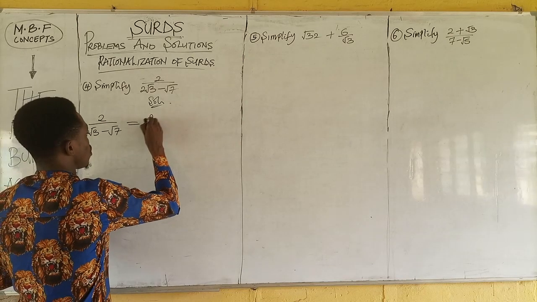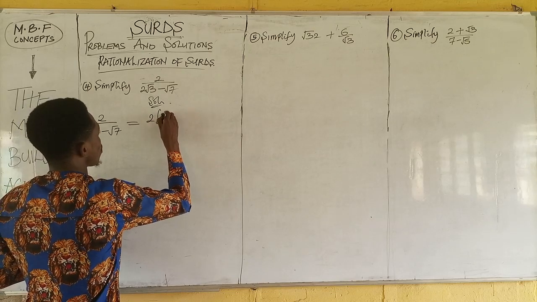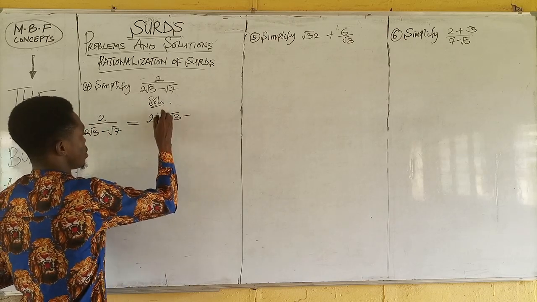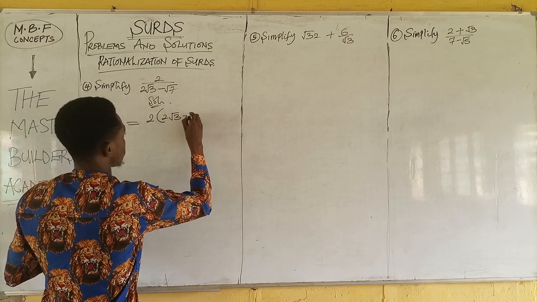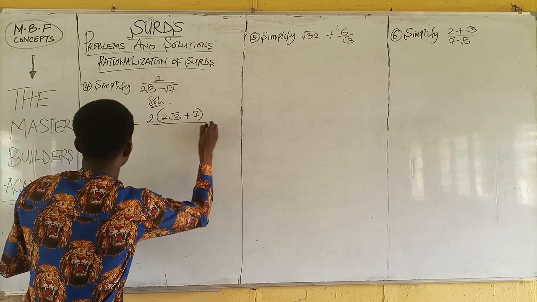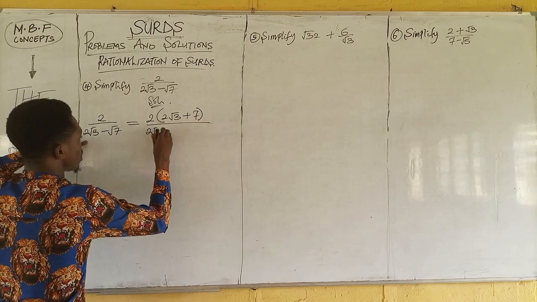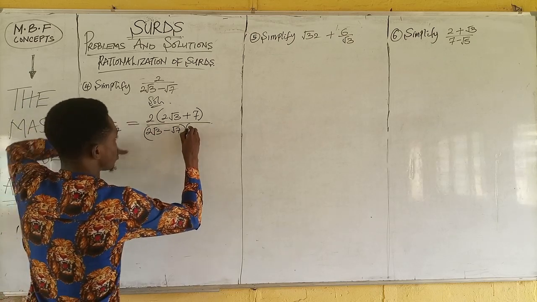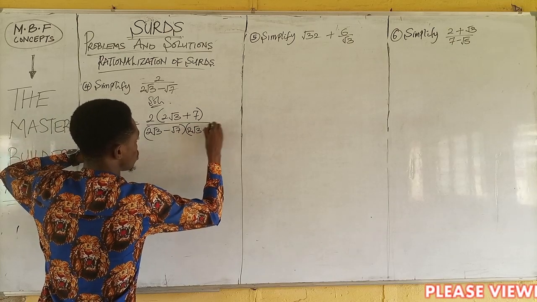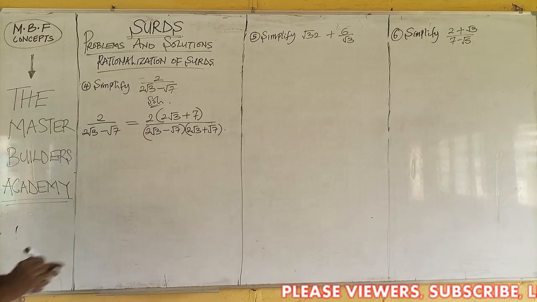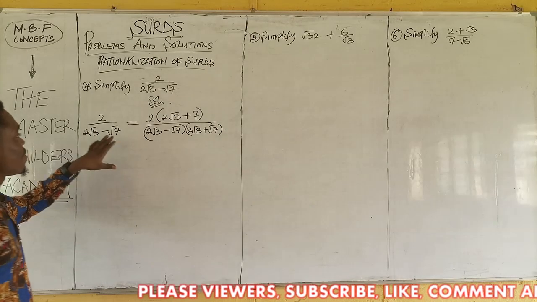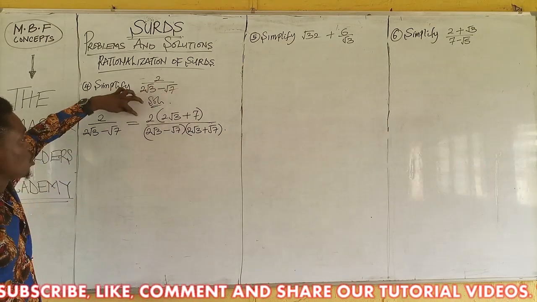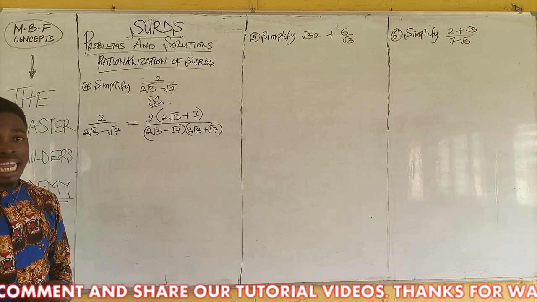Now this is going to give us 2 times (2 root 3 plus root 7) all over (2 root 3 minus root 7) times (2 root 3 plus root 7). We have successfully multiplied the numerator and the denominator by the conjugate of the denominator.